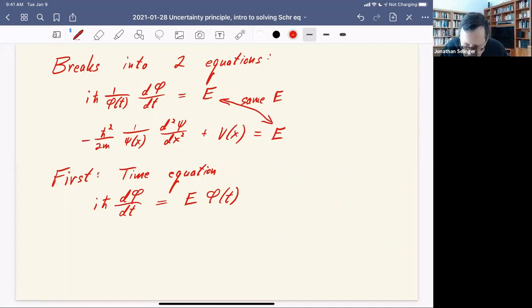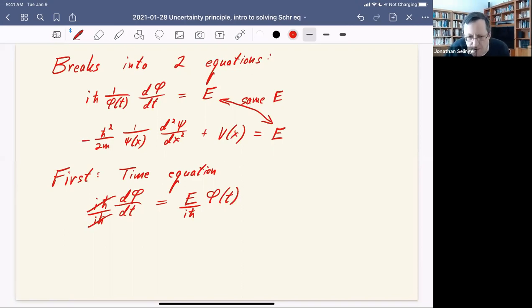Or better yet, if we divide through both sides by i h bar, this cancels.